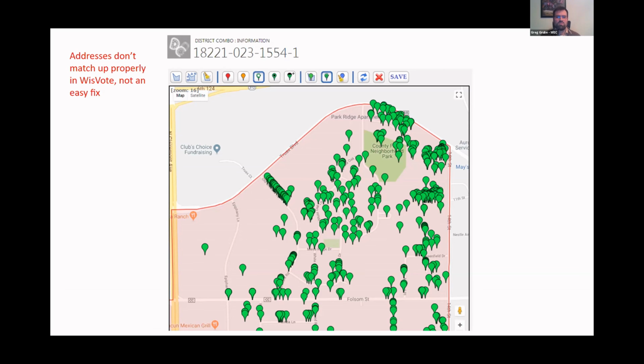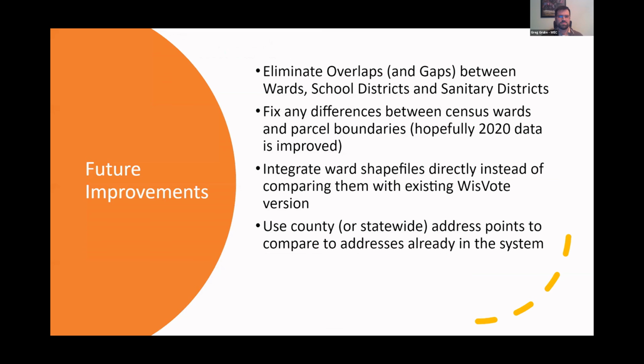One of our focuses this summer is to encourage clerks to fix some of these addresses, but we're also trying to do some of that work for them, fixing those addresses using GIS and geocoding, so this is not as big of a problem once we get the new maps.